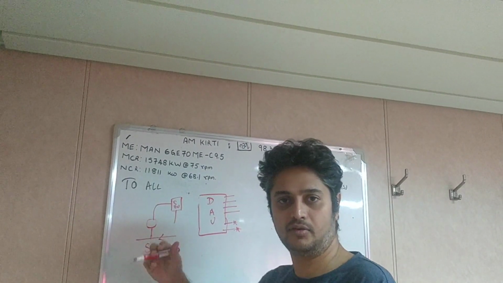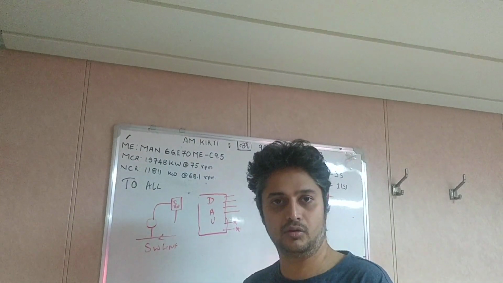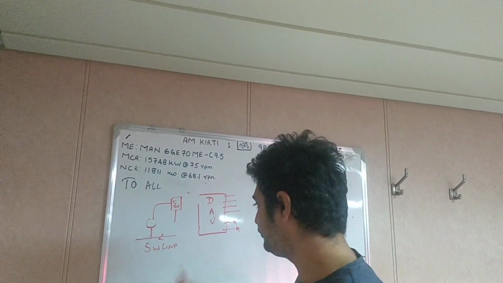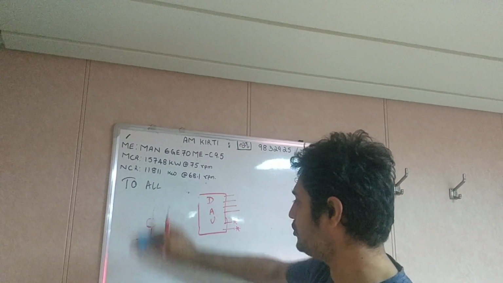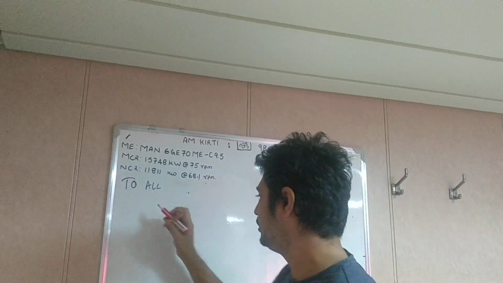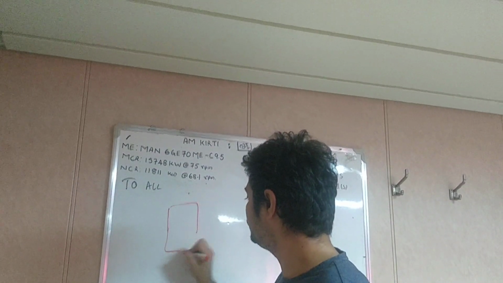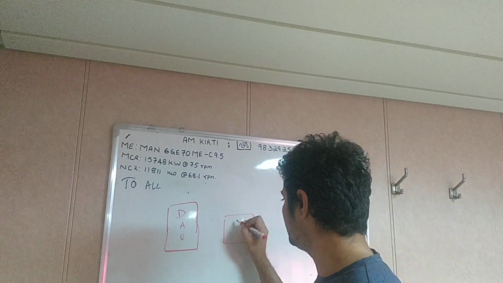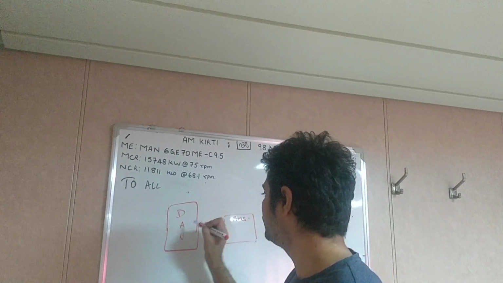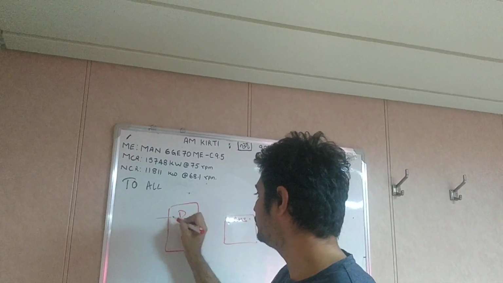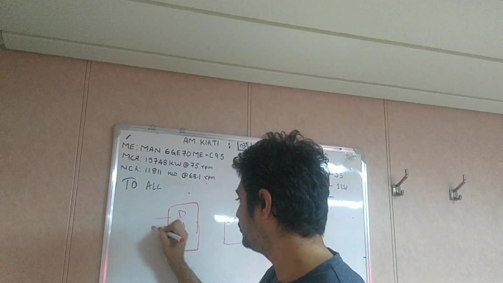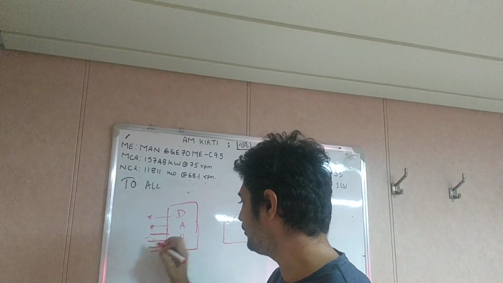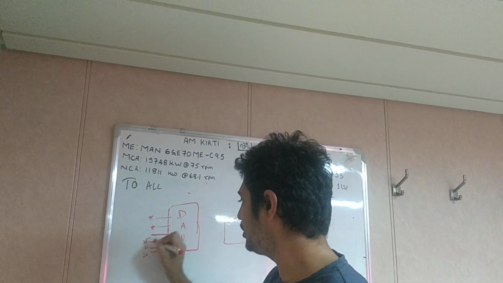There are some certain areas where any sensor has to be connected to a DAU also, through SAU of course. So what will happen? These are all other ports which are already there, 20, 21, 22, 23, 24.